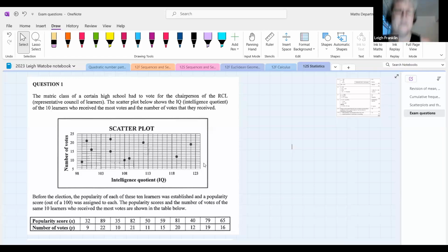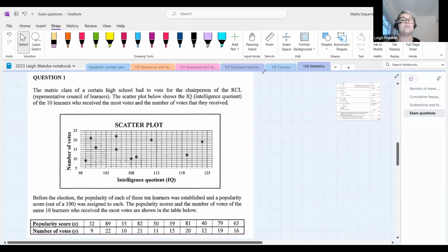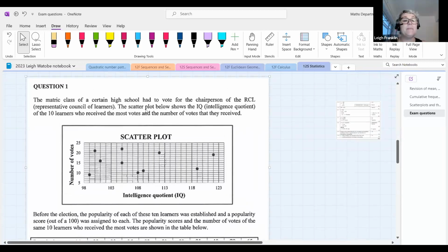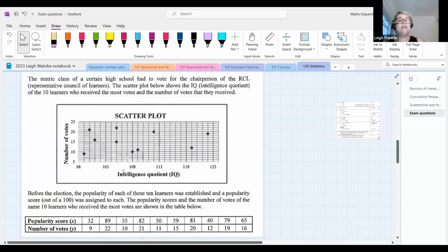So if you have a look at the scatter plot, it really is a scatter plot, isn't it? It's kind of all over the place. Let's just make that a little bit bigger. Intelligence quotient, the IQ, is on the x-axis, and the number of votes the person received is on the y-axis.